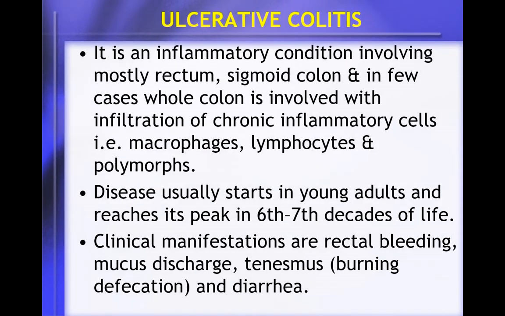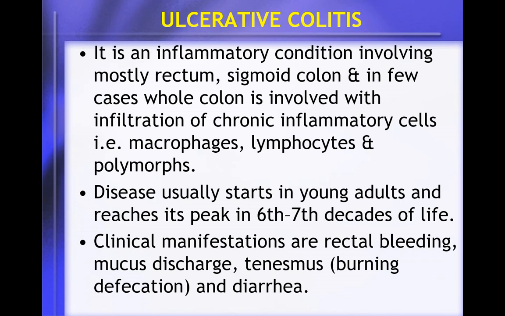Now, the treatment, mentioning the first type, ulcerative colitis. It is the type of IBD, an inflammatory condition involving mostly the rectum, sigmoid colon, and in few cases the whole colon, with infiltration of chronic inflammatory cells like macrophages, lymphocytes, and polymorphs.